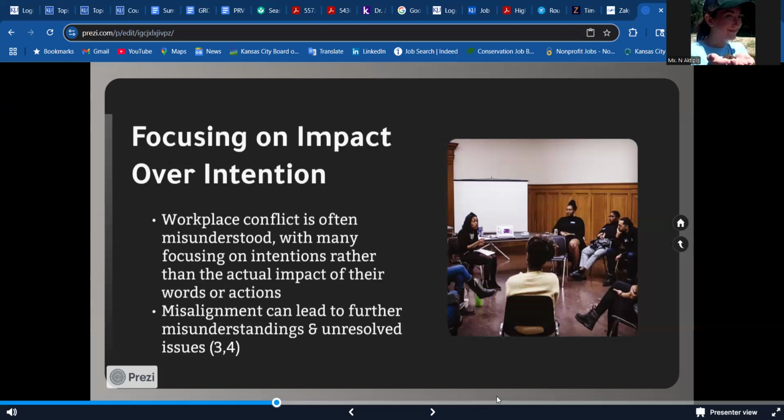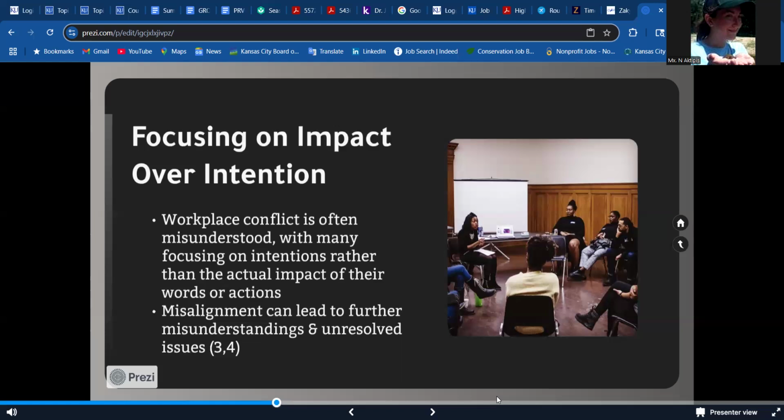which, in my opinion, is rather toxic, because just because somebody meant well doesn't mean that they did well, right? There's a phrase, hurt people hurt people. That's not an excuse, that's an explanation, right? You're still not allowed to hurt somebody else because of your inability to communicate.